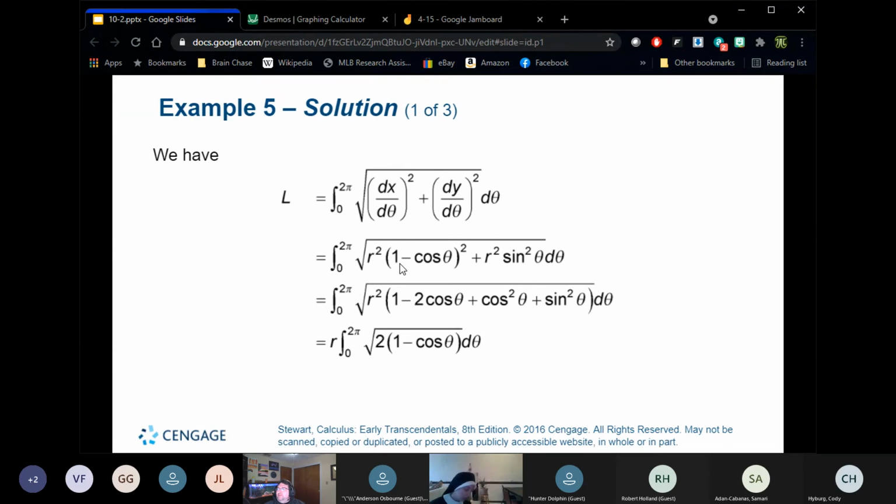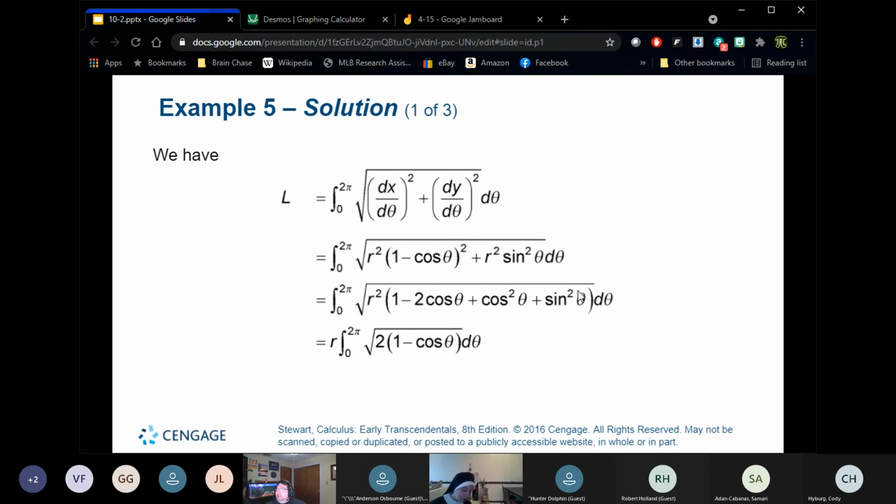All right, so we're plugging those values in. So I've got r squared times 1 minus cosine squared plus r squared sine squared theta. I can factor out the r squared and FOIL out the 1 minus cosine theta, and I get 1 minus 2 cosine theta plus cosine squared theta plus sine squared theta.